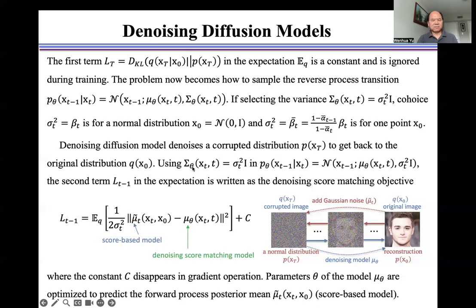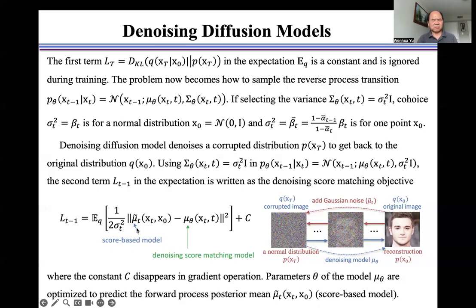Using sigma theta here in the p theta, the second term Lt minus 1 in the expectation is written as denoising score matching objective, as shown here.